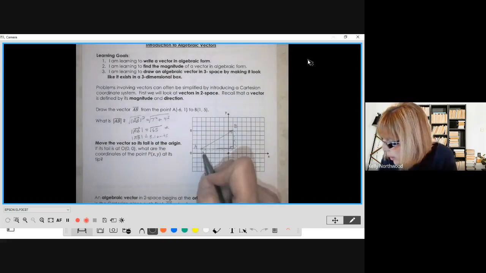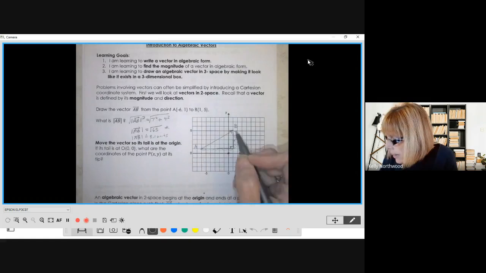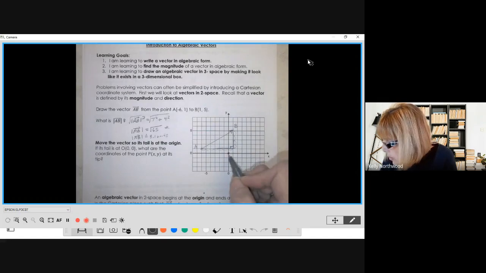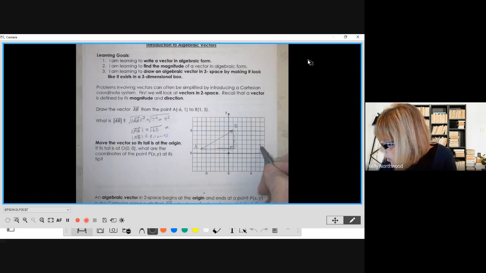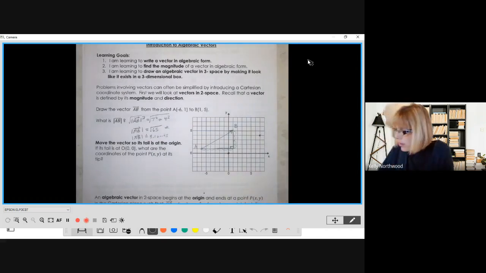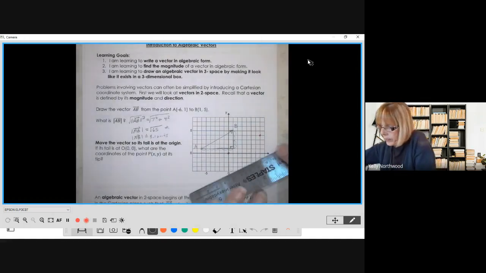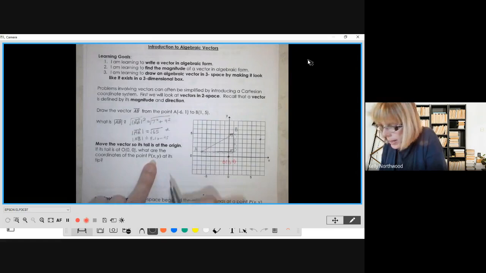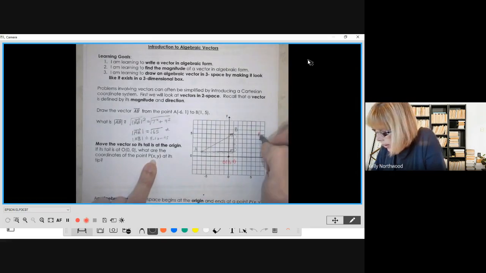Our new ending point, if we want it to have the exact same magnitude and direction, is going to be moved 7 to the right and 4 up from 0, 0. So 1, 2, 3, 4, 5, 6, 7, 1, 2, 3, 4. This vector that starts at 0, 0 is going to end at the point P, and P has the coordinates 7, 4.